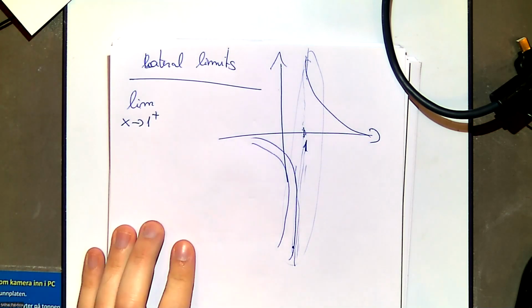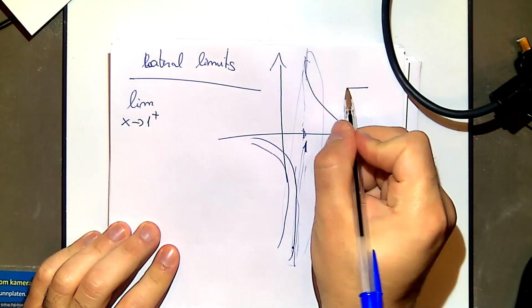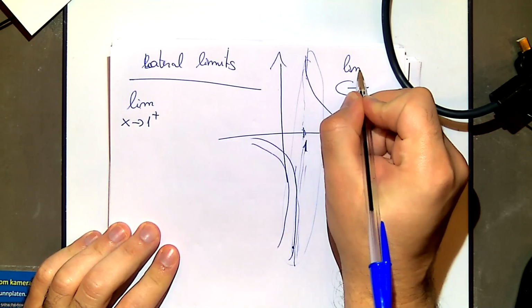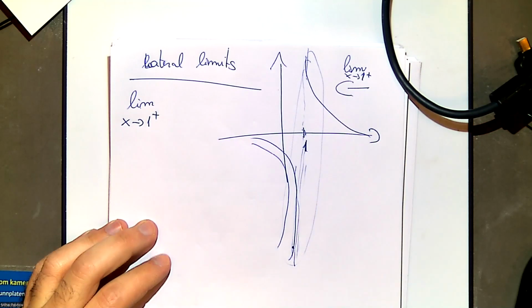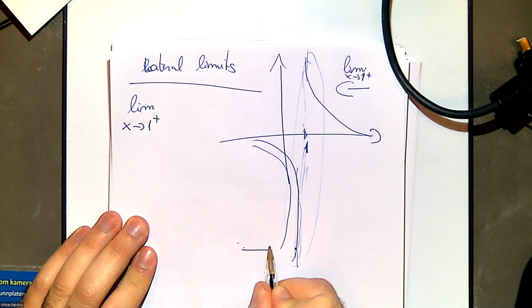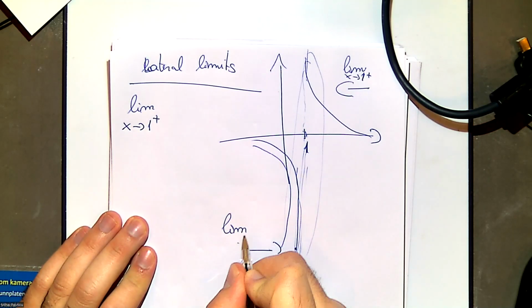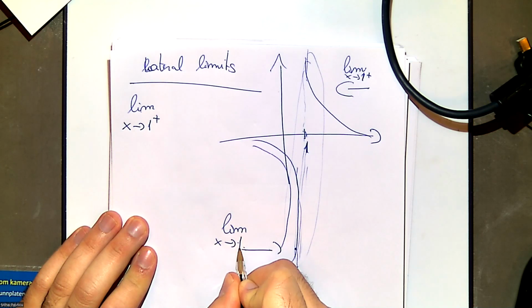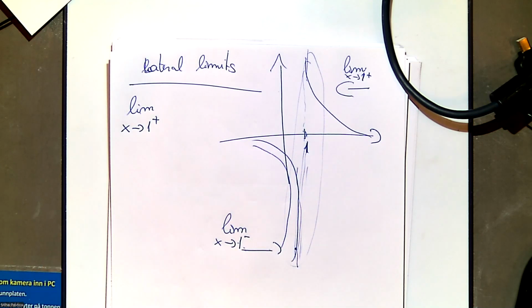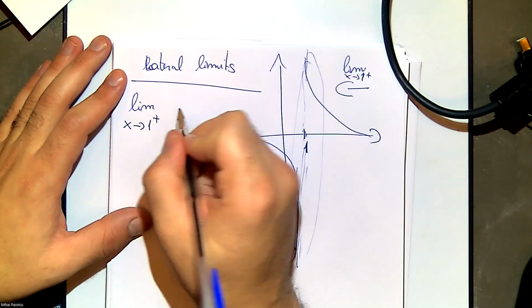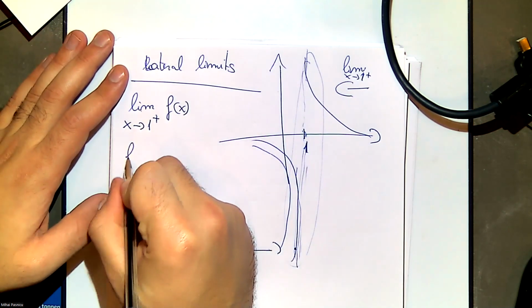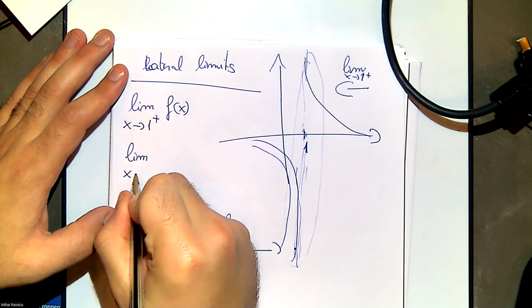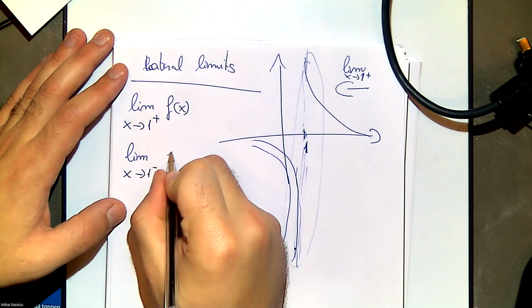So basically the limit when I go to 1 from this side, this is going to be limit when x goes to 1 with a plus. And this here is going to be limit when x goes to 1 with a minus. Same thing, limit f of x and limit x to 1 minus f of x.